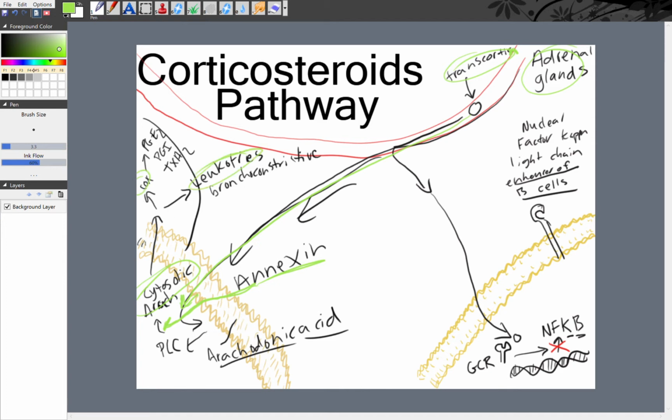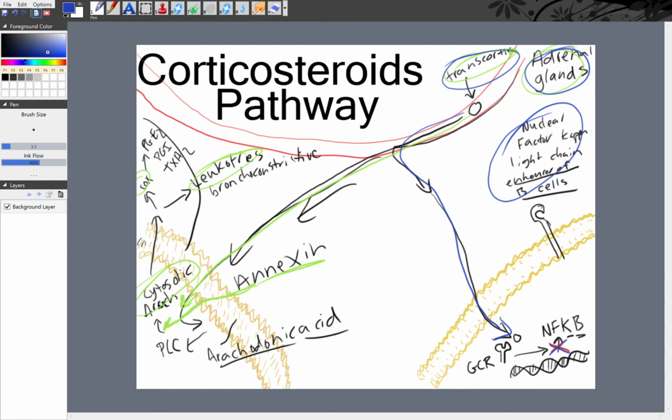Another pathway is you have the adrenal glands, you go to the transcortin, it comes down, and it binds this glucocorticoid receptor, which is going to block the NFKB, the nuclear factor kappa light chain enhancer of B cells, and that's going to be an anti-inflammatory effect.